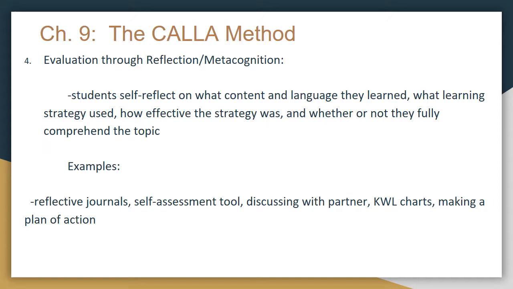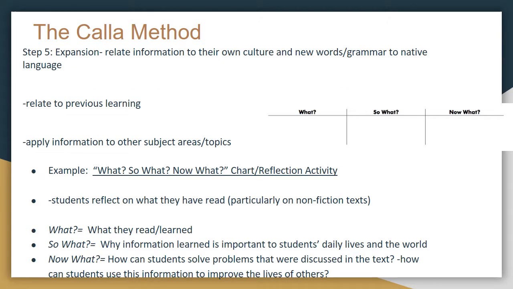An example of this could be reflective journaling, where students reflect on what they learned and about their experiences with the activity. Or it could be a self-assessment tool where they evaluate themselves on whether they learned the knowledge as effectively as they had hoped. The final step of the CALLA method is expansion.